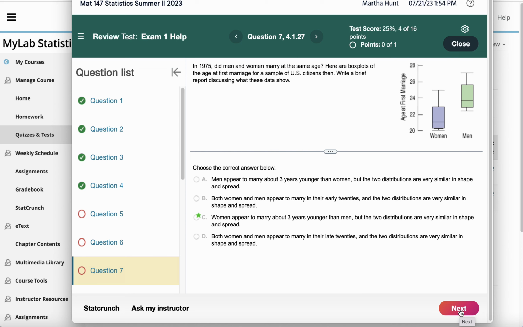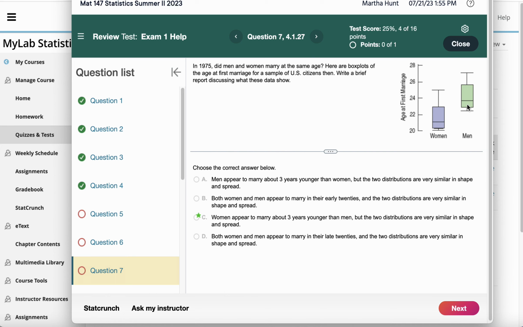But then you can always look at the correct answer and say, yeah, women do appear to marry 3 years younger. I mean, this is like a 21, and this is like a 26. So, you can look at the medians. I don't know if I've estimated that correctly.